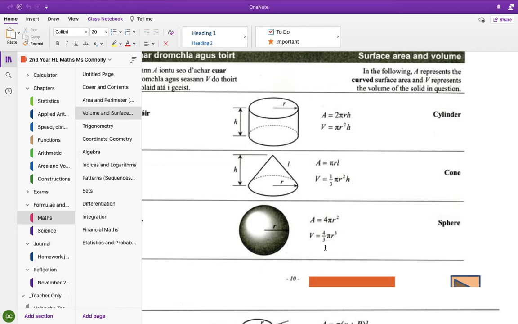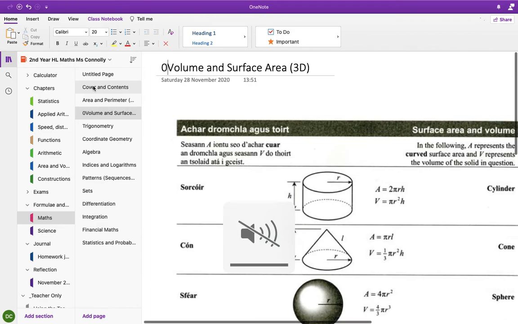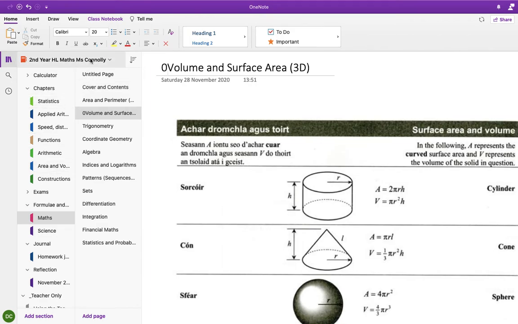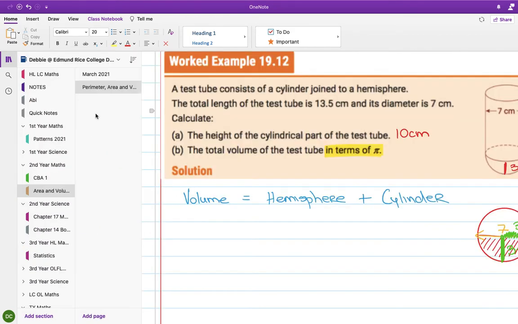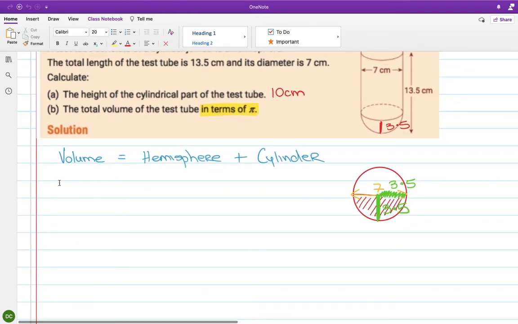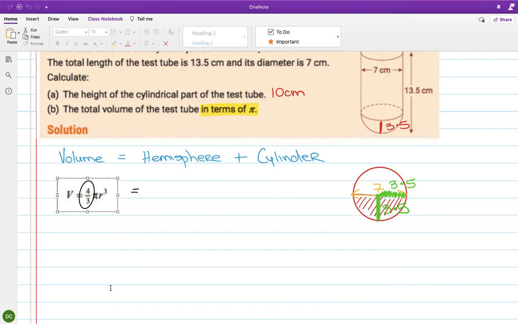I'm going to take that formula and write it down on my page. That's the volume of a sphere. We're dealing with a hemisphere, so we're going to want to half this. So it's going to be 2/3 pi r cubed.